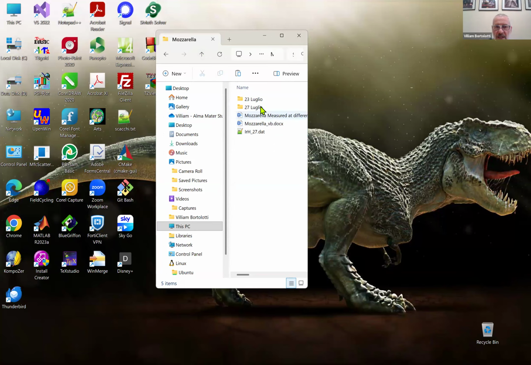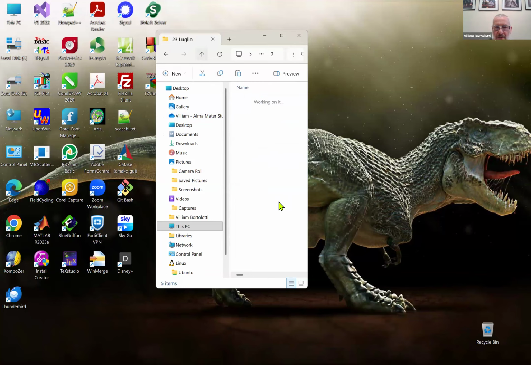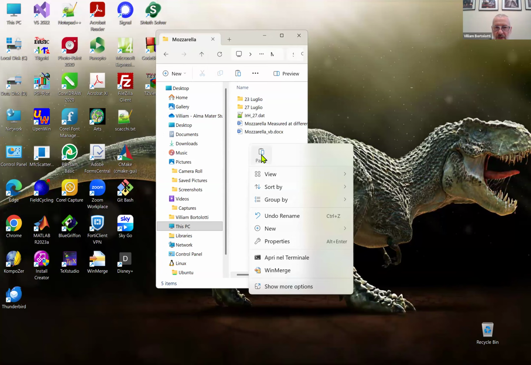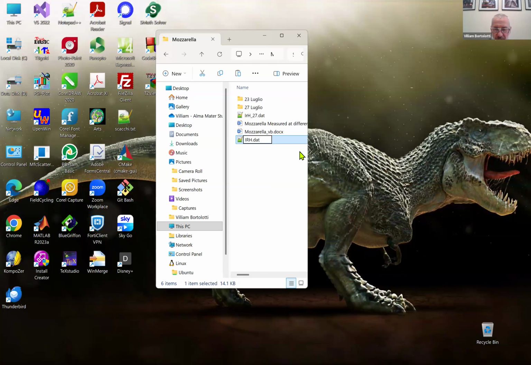This is the result at 27 of July. This is the result measured and computed, the distribution at 33 days, okay.